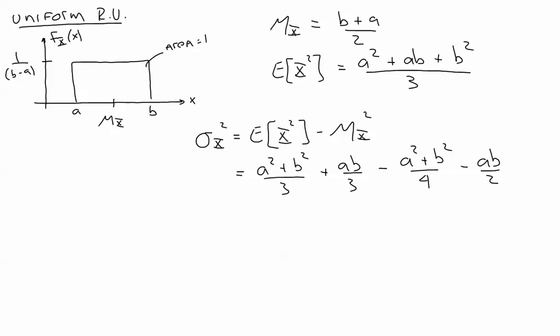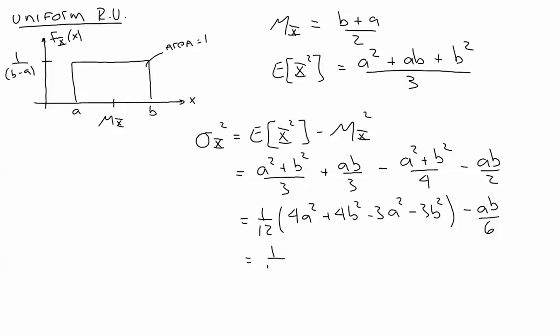All right. And this is 1/12 times 4a squared plus 4b squared minus 3a squared minus 3b squared minus ab over 6. I'm skipping some steps here. I'm going to let you work out the details a little bit later on.